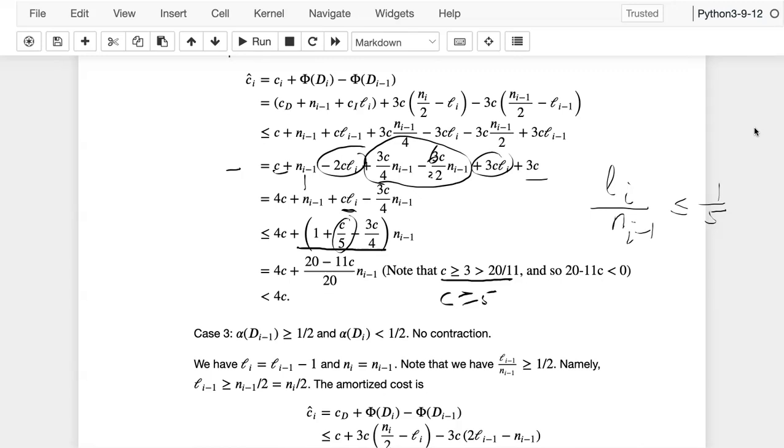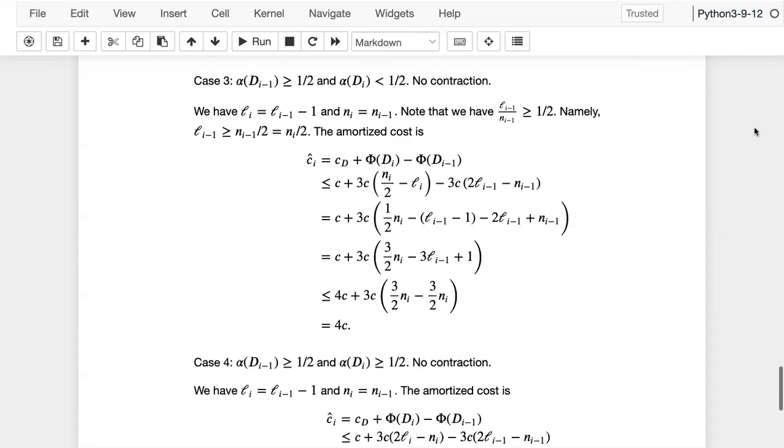And since C is greater than or equal to 5, obviously this is negative, right? So it's much easier to see, much smaller term. So this whole thing is negative, so it's less than 4 times C. So the expected cost of contraction is less than 4C after deletion.